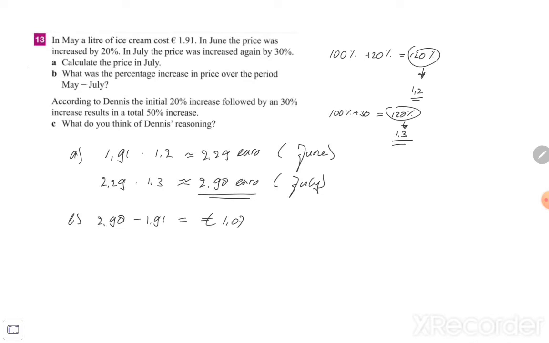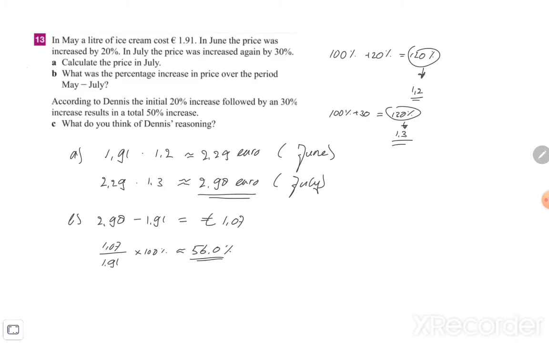To find the increase percentage, we need to divide the 1.07 by the old price, and the old price was €1.91, right? To know the percentage, we need to multiply by 100%, so that will be approximately 56.0%.